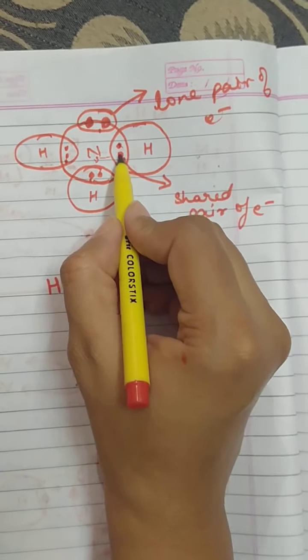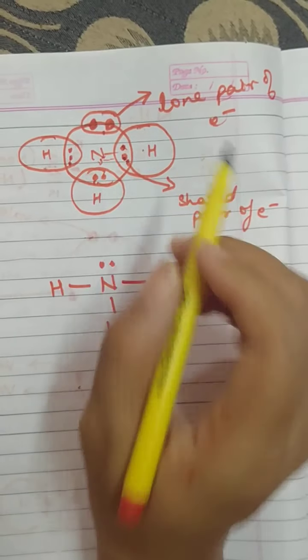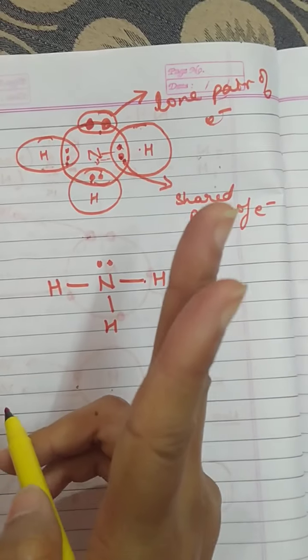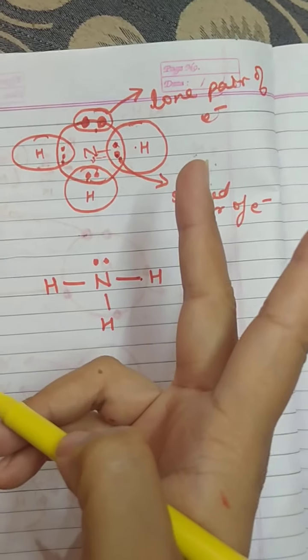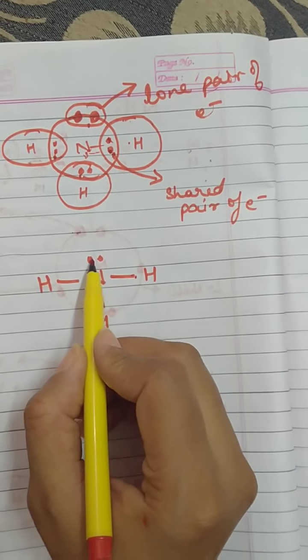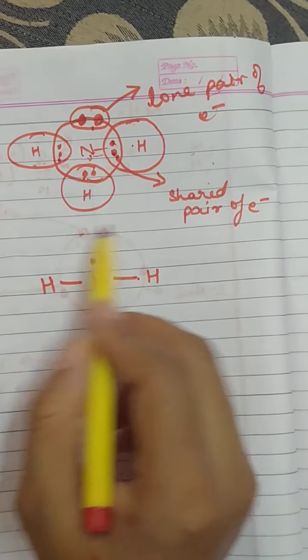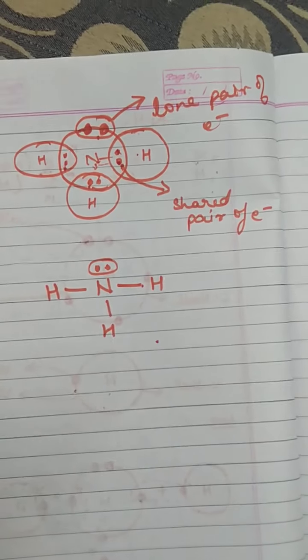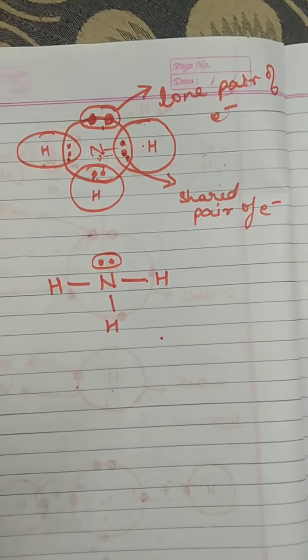See, instead of writing these 2 electrons, I have put one dash. Okay, so remember that one single covalent bond means 2 electrons, one shared by each atom. Now remember that when you are drawing this type of structure, you have to show the lone pair of electrons. You cannot leave the lone pair of electrons as such. Okay.